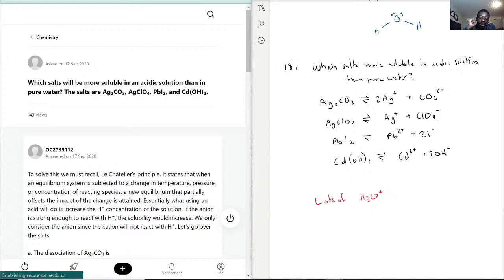If we think about this, you notice that each thing breaks into what you consider a base. All of these have a basic-ish component to them.